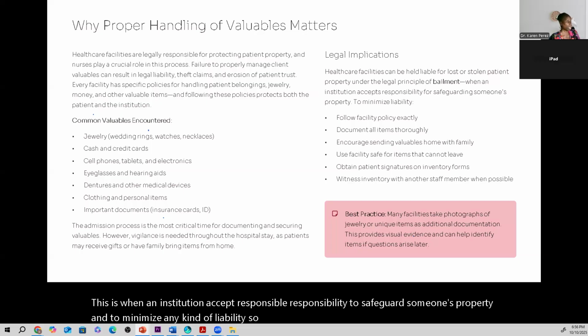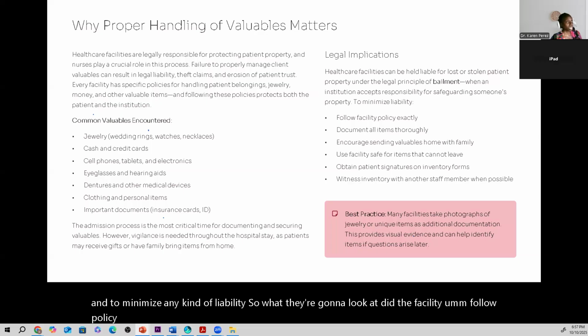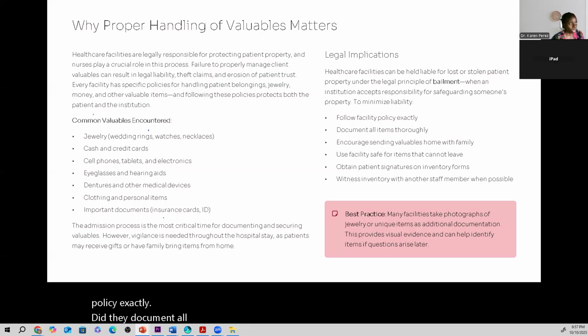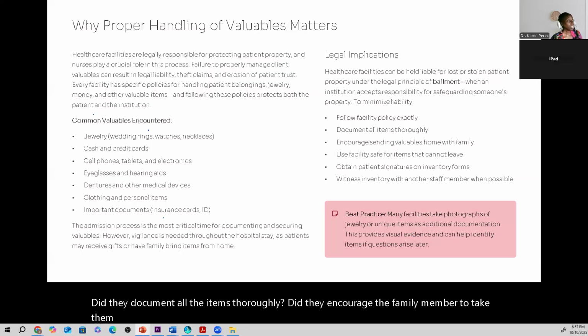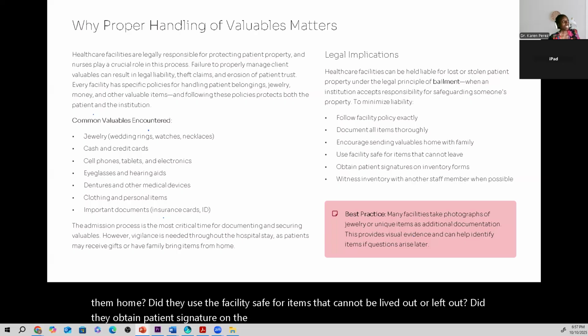So they're going to look at: Did the facility follow policy exactly? Did they document all the items thoroughly? Did they encourage the family member to take them home? Did they use the facility safe for items that cannot be left out? Did they obtain the patient's signature on the inventory form? Was there anyone who witnessed the inventory form too?